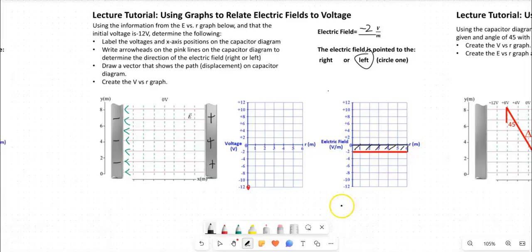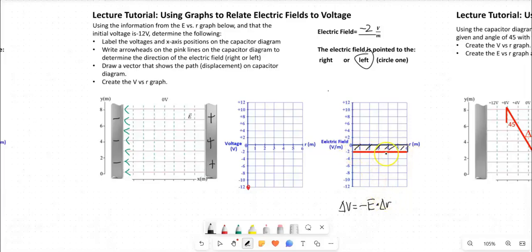And what I mean by that is delta V is equal to -E dot delta R. Whenever you see -E dot delta R, if we saw delta V over delta R, that's a slope. But if you see -E dot delta R, that is an area.